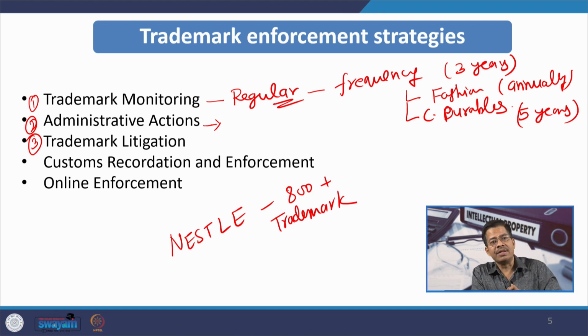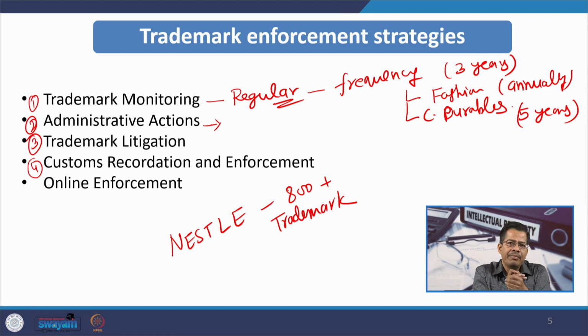So, in these cases, having a team which can go for litigation related matters, those who understand business also and those who understand law also. We need that type of people in this team who will help us in filing the appropriate litigation in the appropriate court of law. Then another important issue is customs recordation and enforcement.